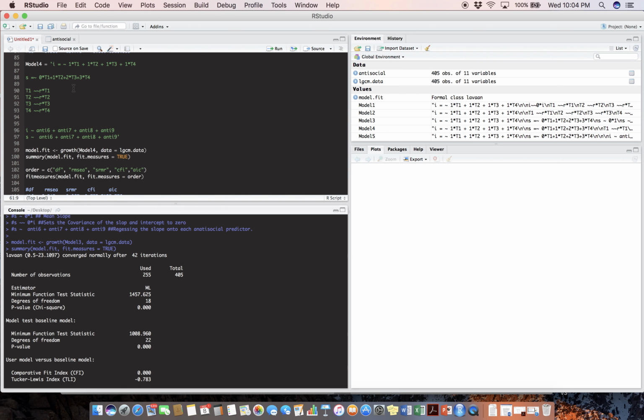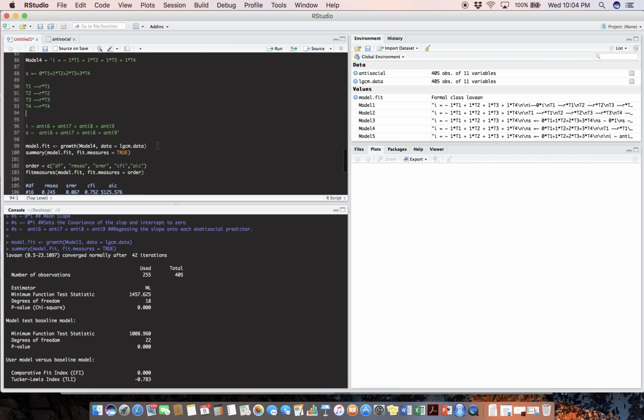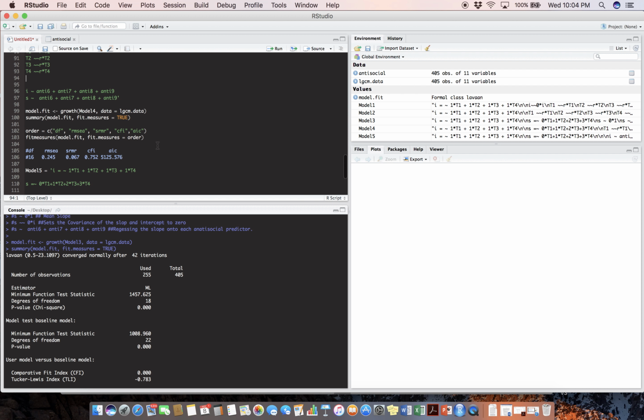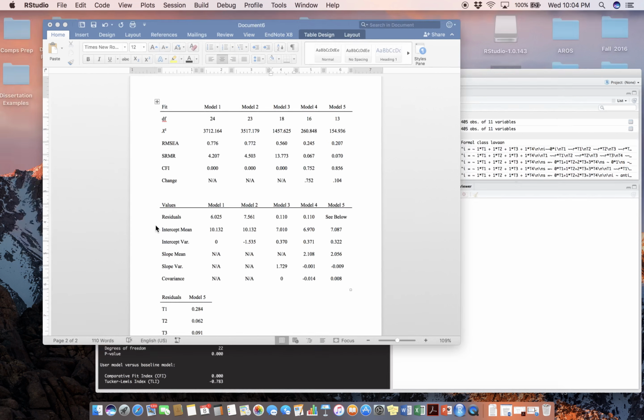So in other words, now we have a slope and intercept that are going to start fitting the data a little bit better. But we're going to leave the constraint on the residuals. Let's see if that helps.